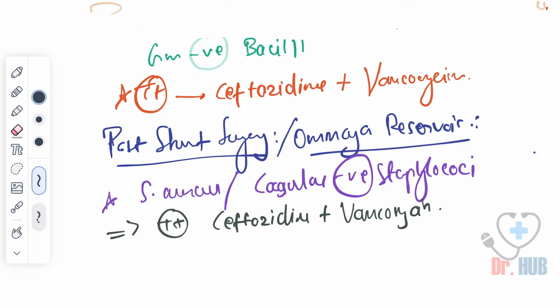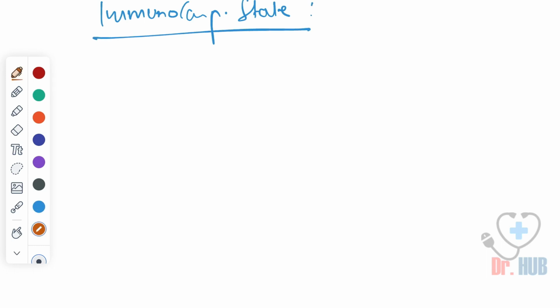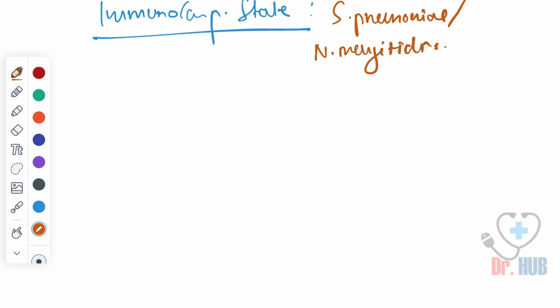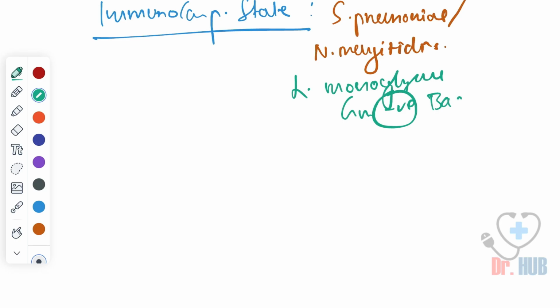Lastly, we are going to look at the immunocompromised state. In such a case, the organisms include S. pneumoniae, N. meningitidis, also L. monocytogenes, Listeria monocytogenes, and also gram negative bacilli.